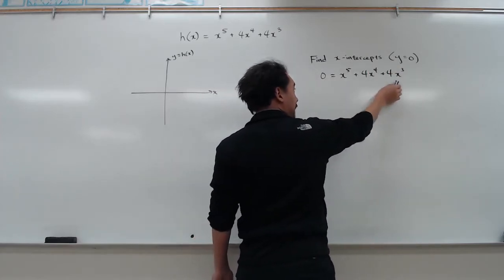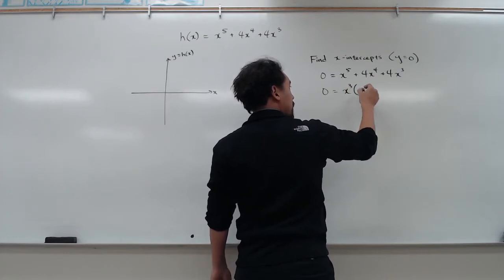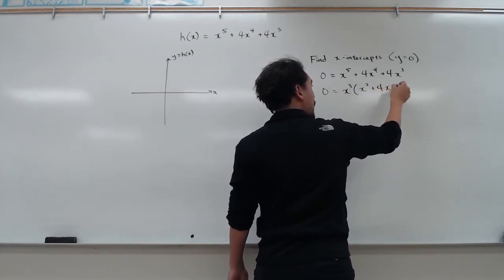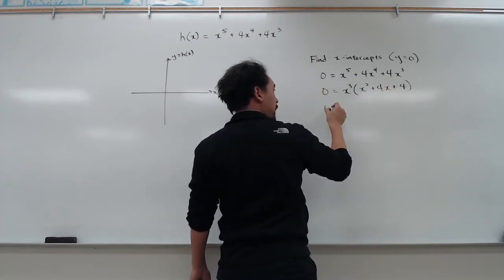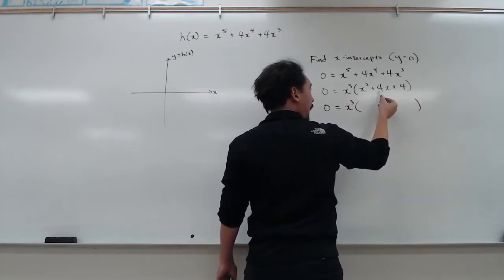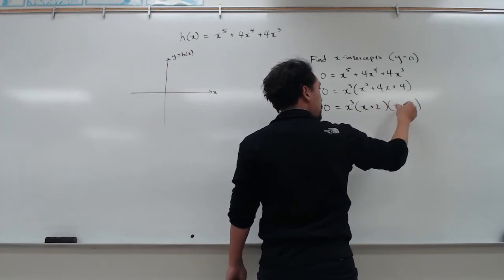This time we have an x cubed in all the terms. So we'll factor this out. X squared from here, then plus 4x from there, and then plus 4 for the last term. And that's a quadratic that we can factor by looking for numbers that add up to 4 and multiply to 4. So I have positive 2 and positive 2.